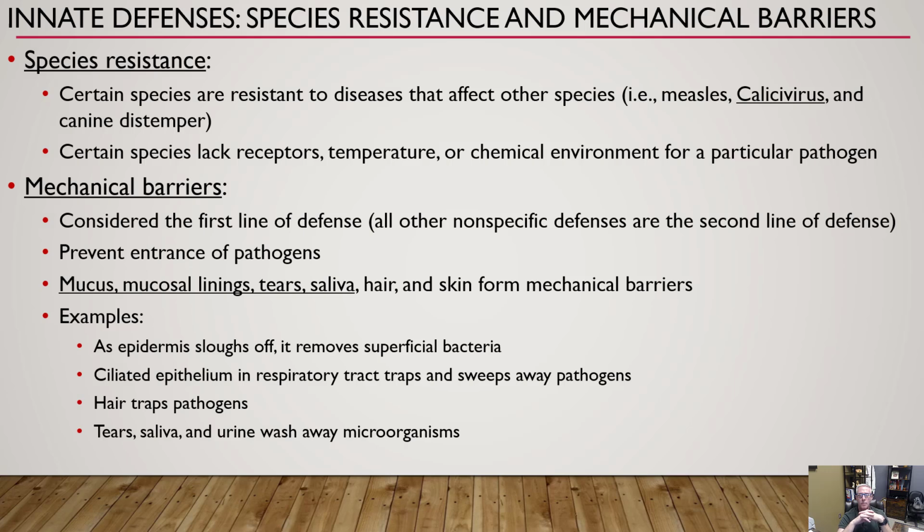An example of bypassing this mechanical barrier is H. pylori or Helicobacter pylori. That's going to be like an ulcer. That bacteria is going to get into your stomach, and it's going to burrow into the mucosal lining of the stomach. It's going to degrade it, and it's going to form a hole in your stomach, causing an ulcer.